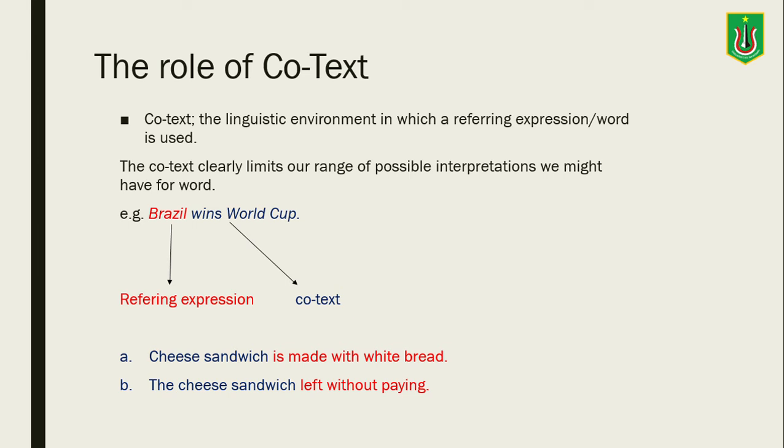However, the difference of context leads to a different type of interpretation in each case. So identifying intended reference is aided by the linguistic material, or co-text, accompanying the referring expression. The referring expression provides a range of references, that is, a number of possible references.